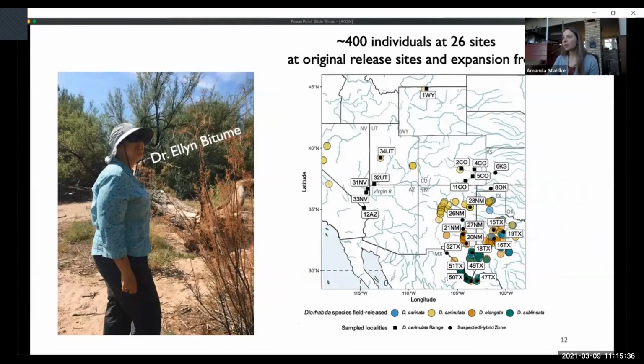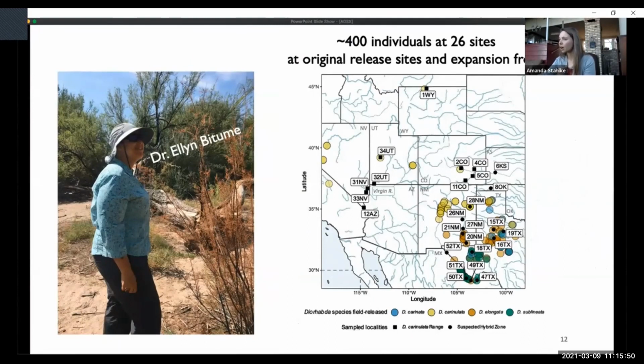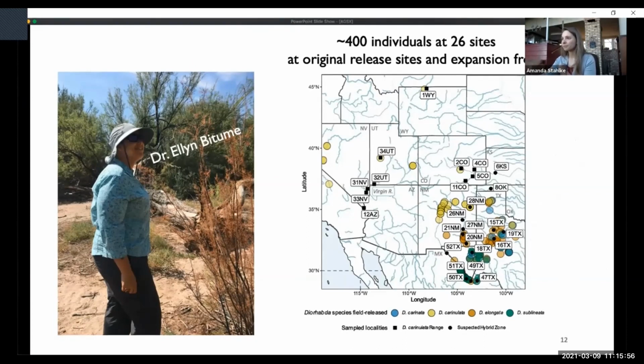So we targeted the sites where single species were released, such as 1 Wyoming here. And I'm showing here these transparent points. The colors are the original field release sites of each respective species.